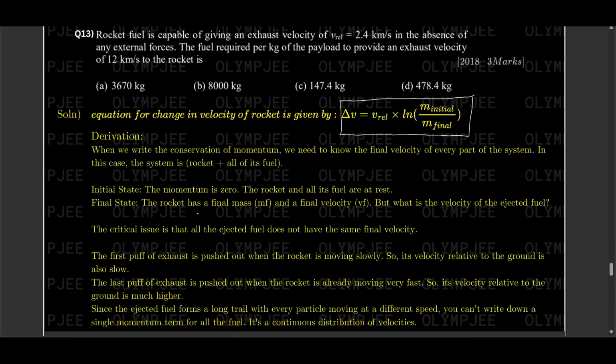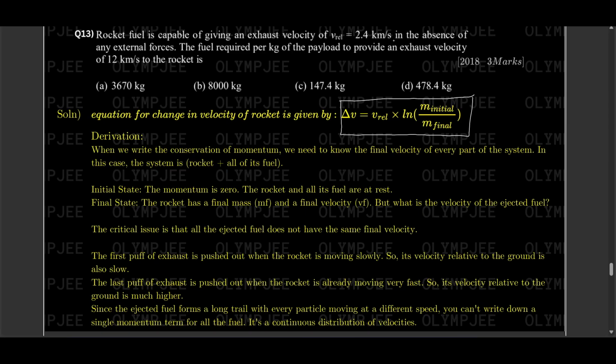The final state is that the rocket has a final mass mf and a final velocity vf, but the velocity of ejected fuel is very difficult to calculate if we look at only the initial and final states, because the ejected fuel does not leave at the same velocity, right?